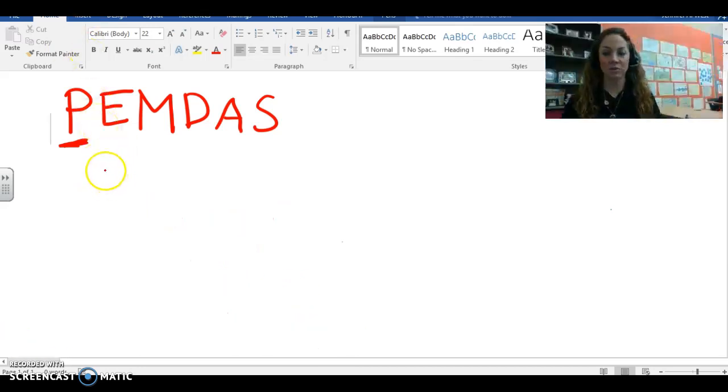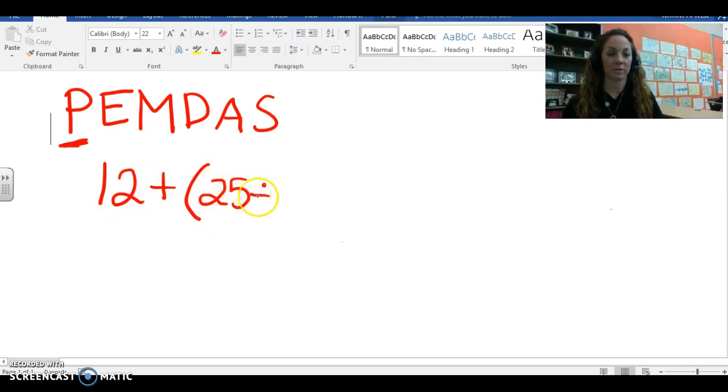All right, let's try another one. We have 12 plus, here we go with the parentheses, 25 divided by 5, squared, or to the second power. All right, so we have to start with the parentheses. No matter what's going on inside of the parentheses, you're going to start there.